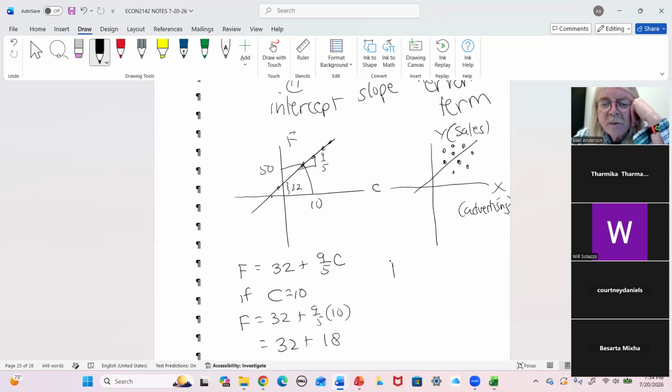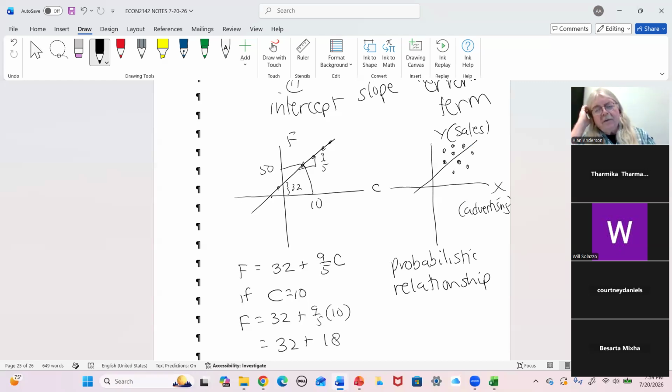So this is known as a probabilistic relationship. Because we don't know the exact, let's say we have this regression line and we say, well, if we advertise $50 million less next year, what will be the resulting sales? Well, you can't say with any real exact, precise certitude. You can just come up with an estimate, an interval, let's say.